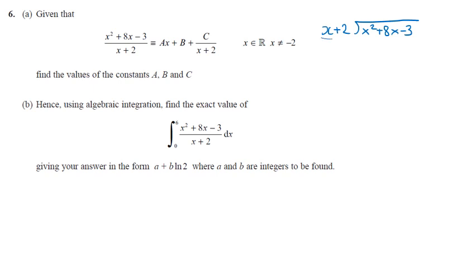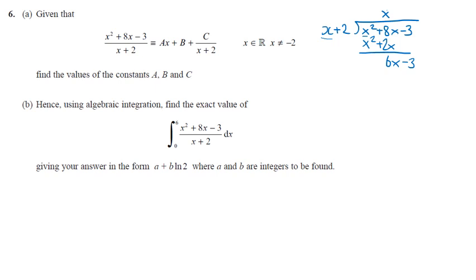Well, we look at the highest degree term in the divisor compared to the highest degree term in the polynomial there. So x goes into x squared x times, and then we multiply that x by the divisor, so we get x squared plus 2x. Then we subtract, so the first term always vanishes. 8x minus 2x is 6x. Then bring the 3 down.